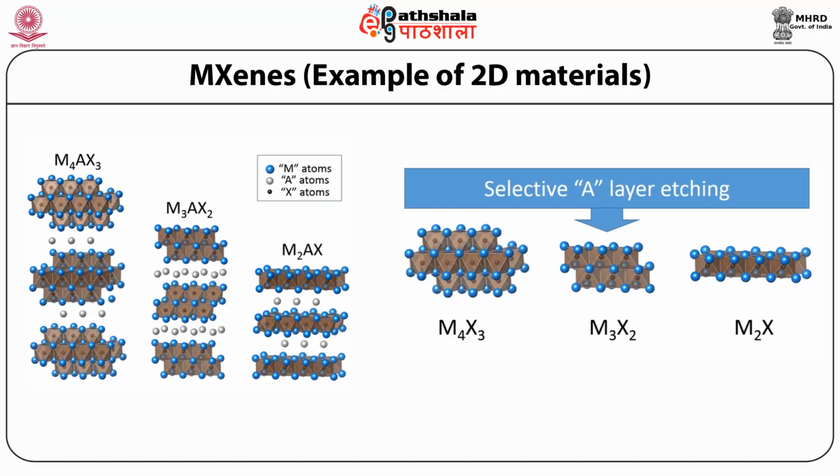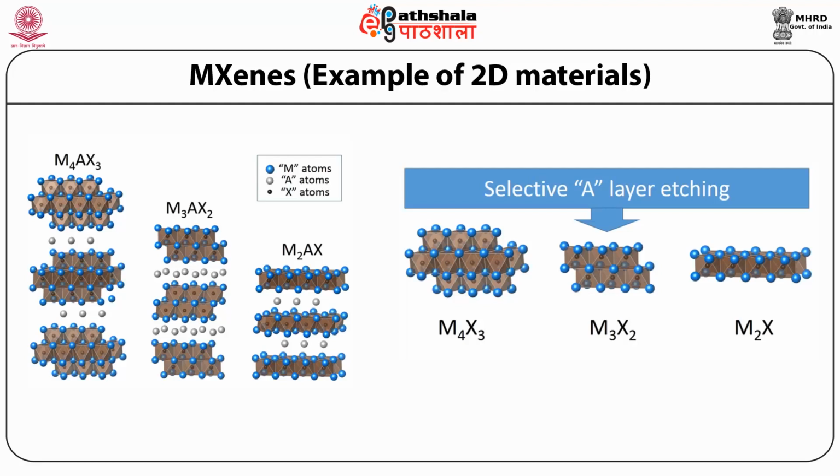MAX phases have a layered hexagonal structure with P63/mmc symmetry, where M layers are nearly close packed and X atoms fill octahedral sites. Therefore, Mn+1Xn layers are interleaved with the A element, which is metallically bonded to the M element. MXenes are produced by selective etching of the A element from the MAX phase structure.